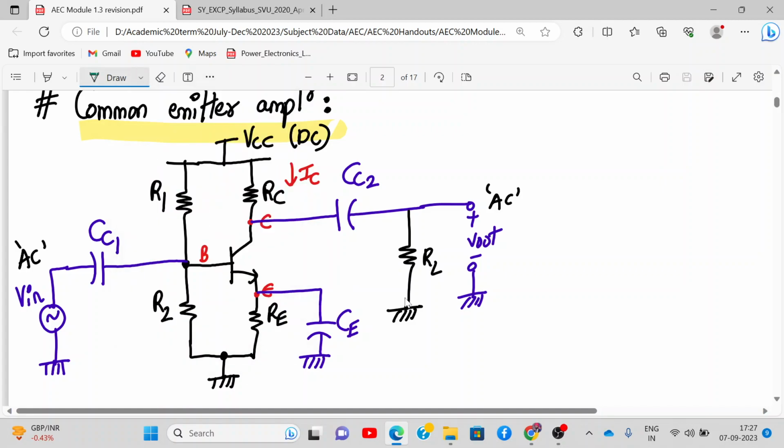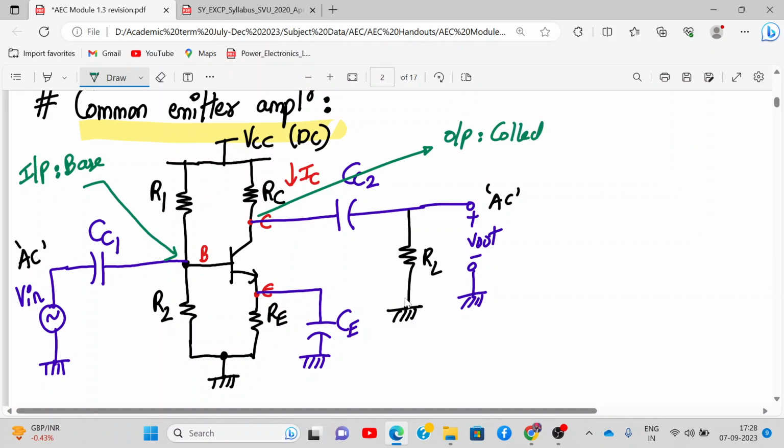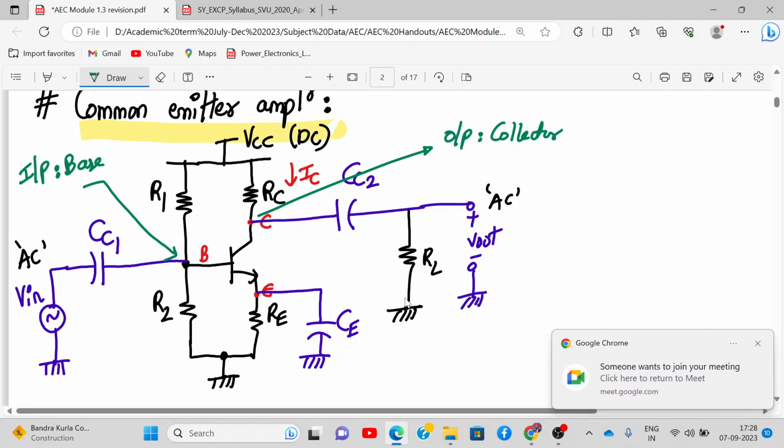In the common emitter configuration, if you see carefully, input is applied to the base and output is taken from the collector. So whenever in an amplifier input is applied to the base terminal and output is taken from the collector, that amplifier is called a common emitter amplifier.